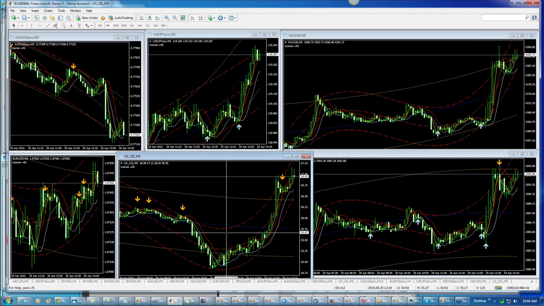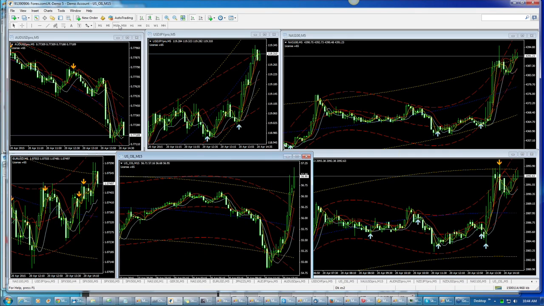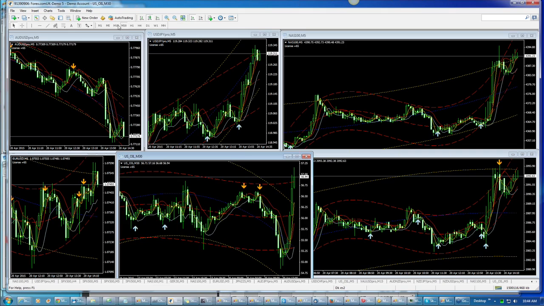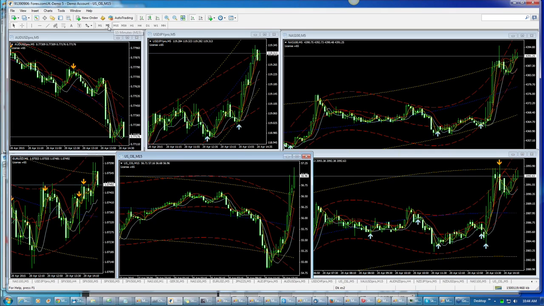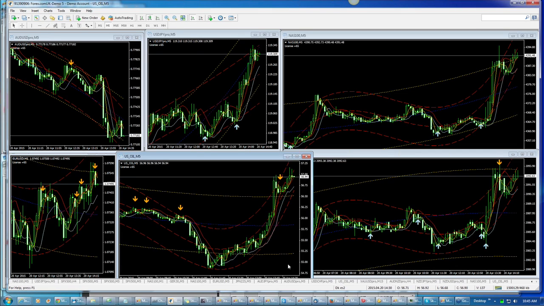But let's see here on crude. It's such a strong move that just from pure price action, could you take a little quick short there? I don't think it's going to go to the bottom band like it normally does.